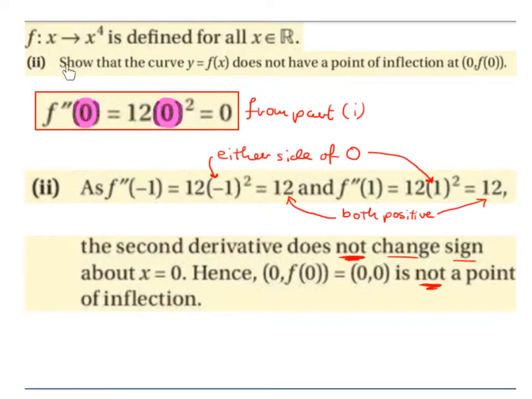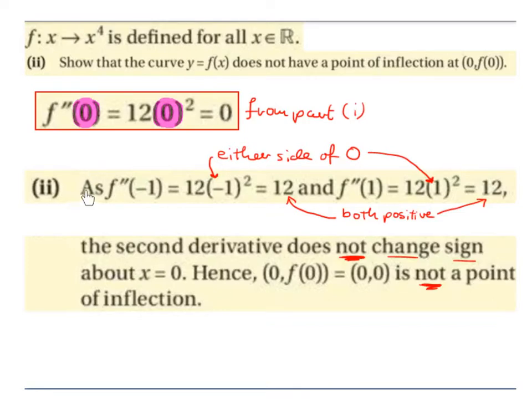Part 2. Show that the curve y equals f of x does not have a point of inflection at (0, f of 0), so at (0, 0). From part 1, we stated that f double prime of 0 equals 12 times 0 squared equals 0.